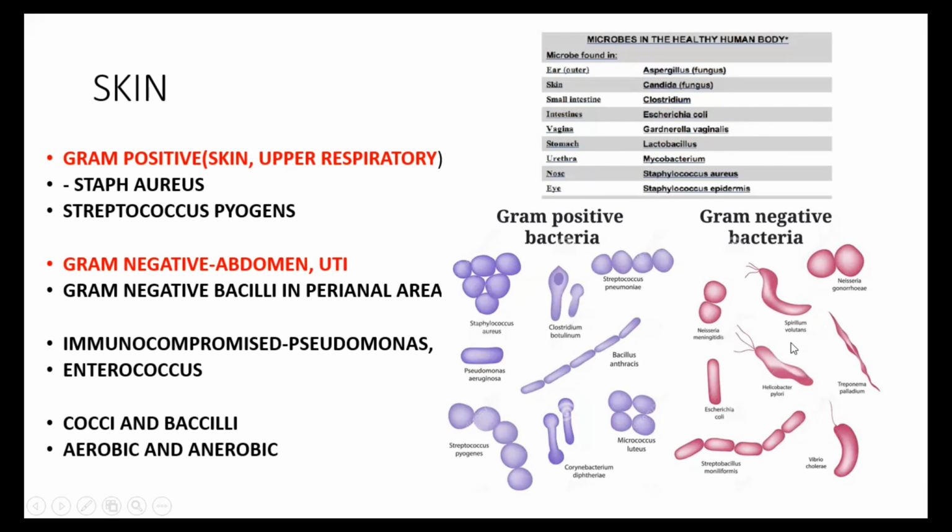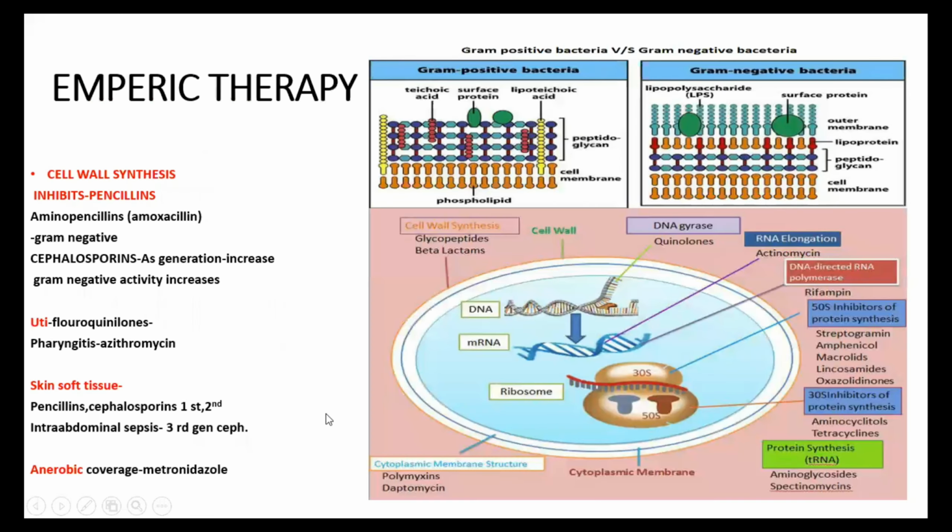Gram-negative organisms include Escherichia coli, Helicobacter pylori, Neisseria gonorrhoeae and meningitidis, Vibrio cholerae, and Treponema pallidum. In immunocompromised patients, Pseudomonas and Enterococcus are deadly serious. Bacteria can be classified into cocci and bacilli based on their anatomical structure, and aerobic and anaerobic based on the environment they live in.